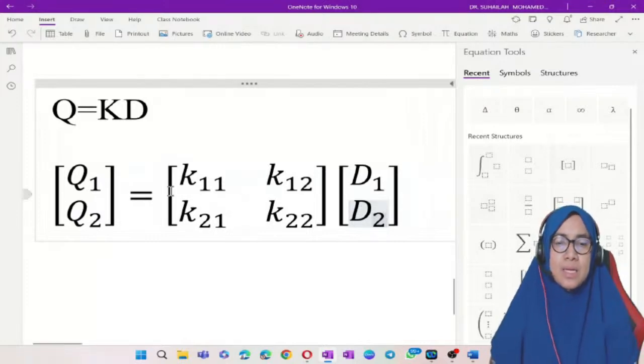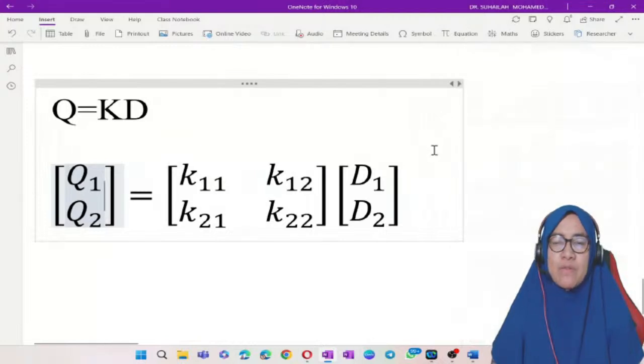This is the format of the stiffness equation.